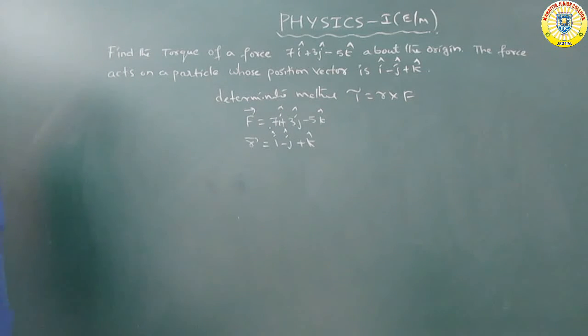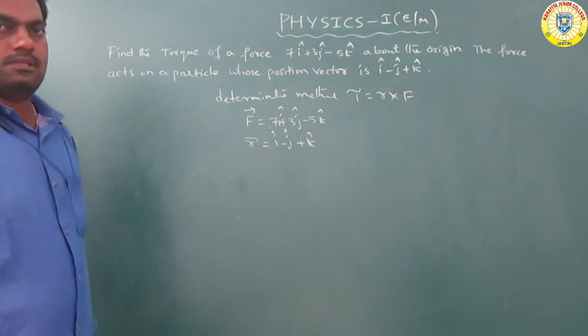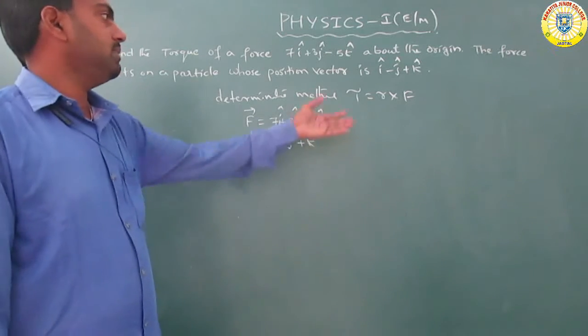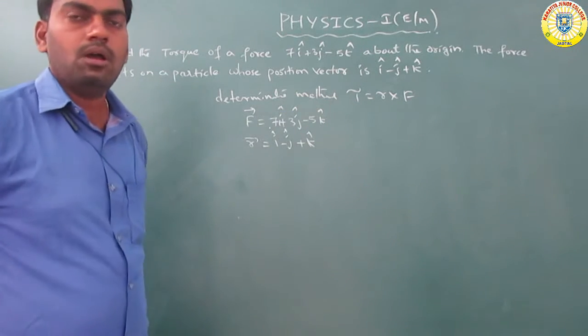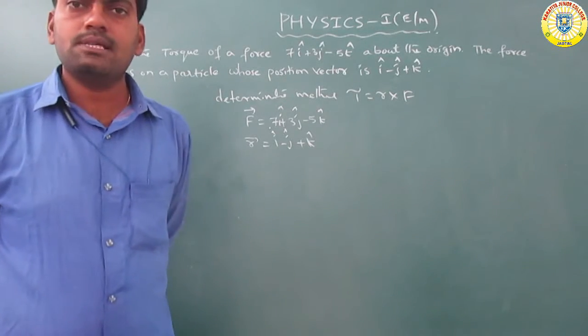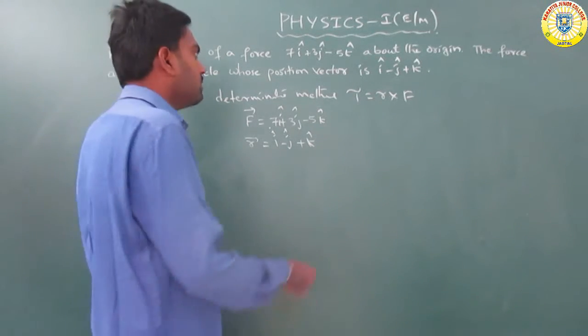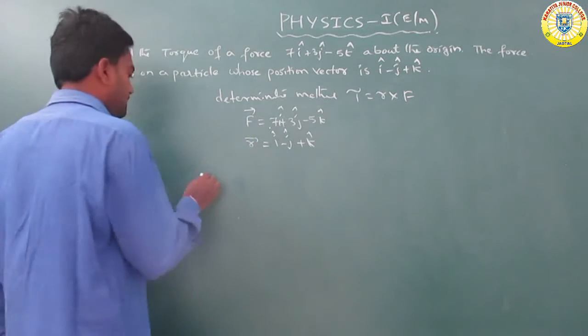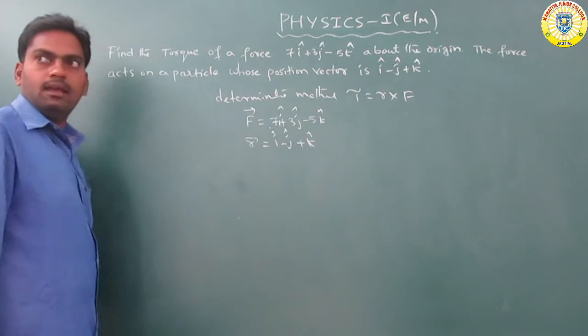So to find the torque, tau is equal to R cross F by the determinant method. R is called the position vector, F is called the force. The torque example we already know from the last class.